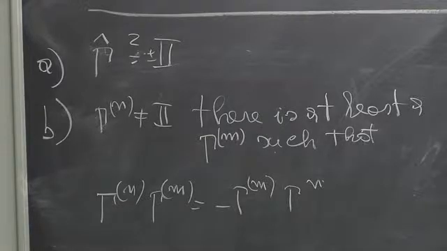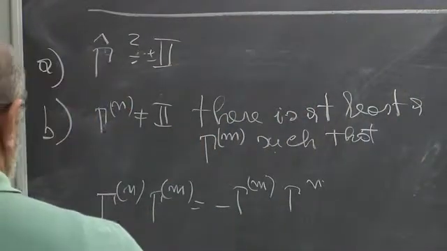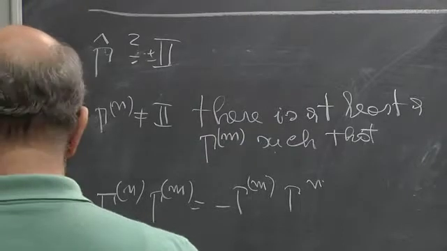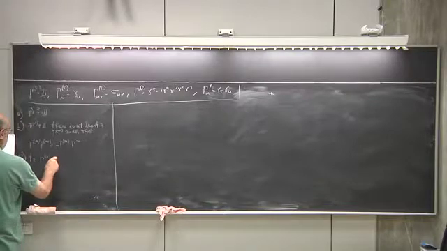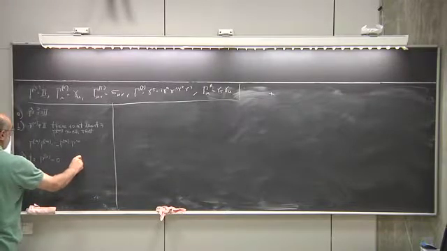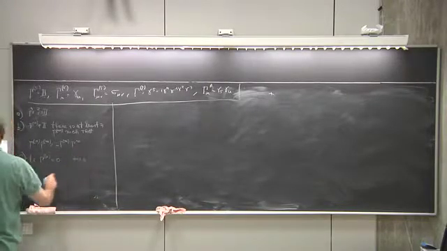The third, out of these two we also got that the trace of gamma n is equal to 0, except when n is the scalar.